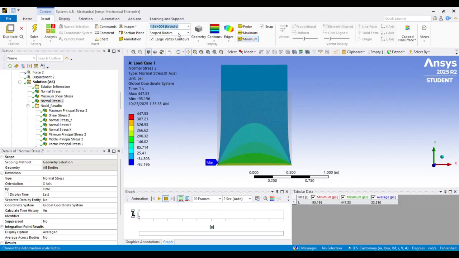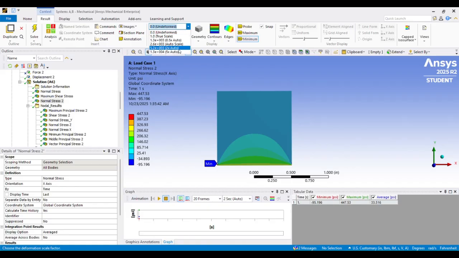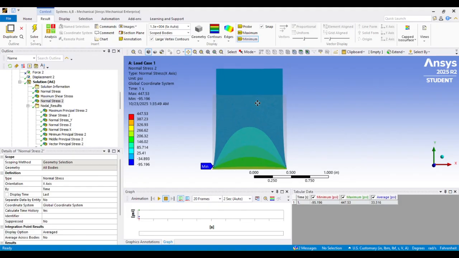I've gone and you can go up here and you can look at the undeformed model. And for this case, I am looking at a 5x scale factor. And I'm also showing the undeformed part.